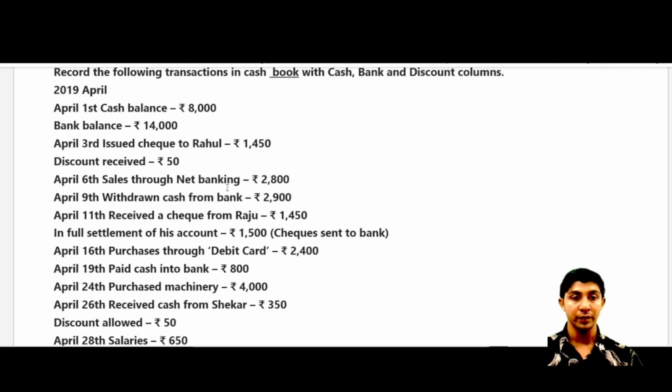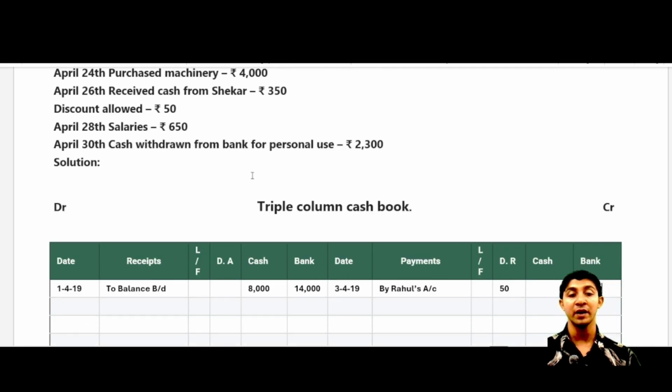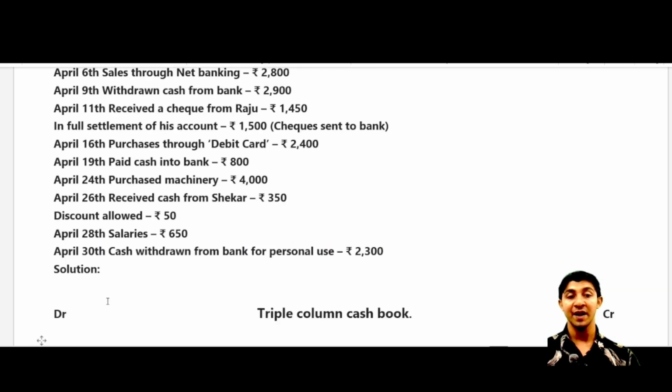नाउ लेट अस मूव टुवर्ड्स द नेक्स्ट ट्रांजैक्शन, that is on 6th April, sales through net banking. What does this mean? This means we have sold our goods and the amount is received in our bank account. ठीक है, net banking के through payment हुई. So directly this means we have received cash in our bank account. तो अगर पैसे आए, we have to record on the debit side, receipt side record करेंगे.